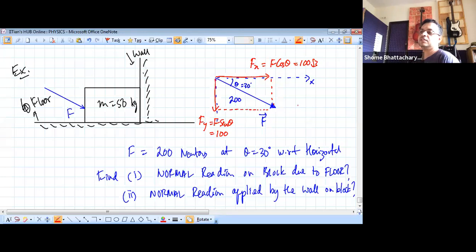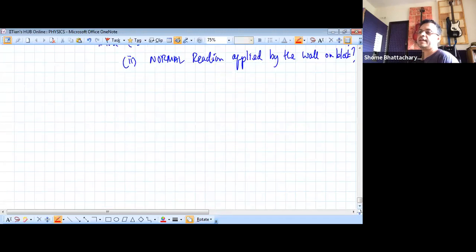So this is the main thing. Once you understand this step, the rest of it is easy. Now just see all the forces acting on the body. As far as all the external forces acting are concerned, mg downward is 500 newtons.